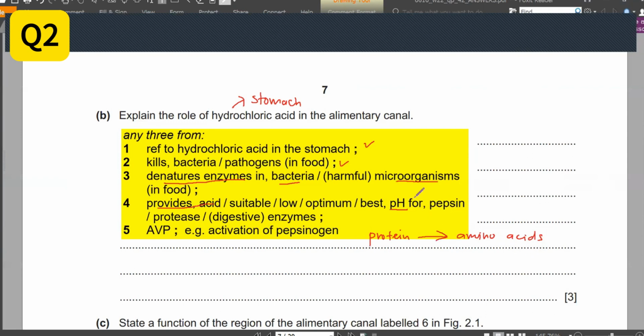The enzyme responsible for that will be either pepsin or protease. For pepsin and protease, the optimum pH will be acidic. So the hydrochloric acid will provide this optimum pH for the digestion.